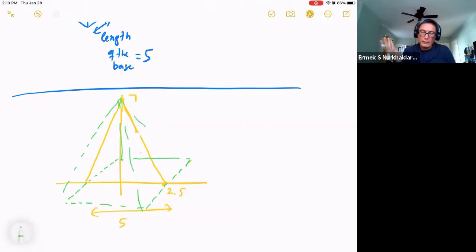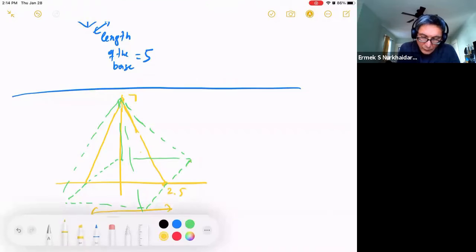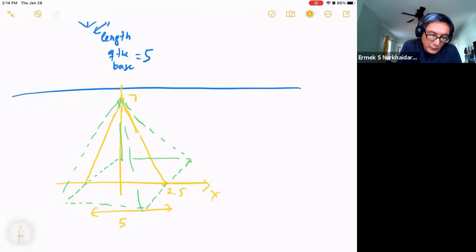Do you see the way I put the pyramid? I tried to outline in green how I put the pyramid and how I put the x, y axis through it. Okay, so we have x axis, and somewhere here y axis.